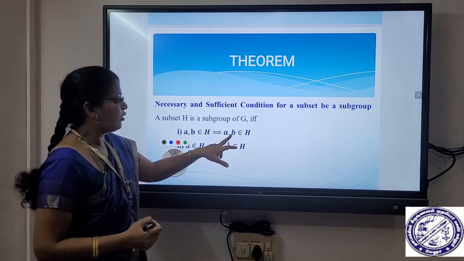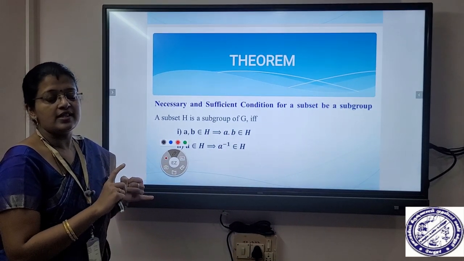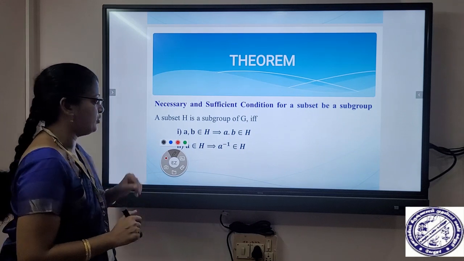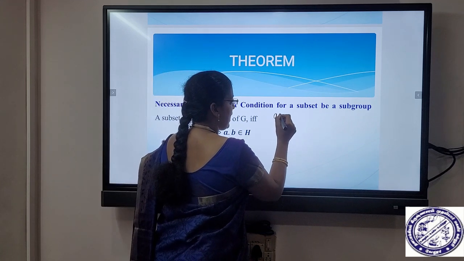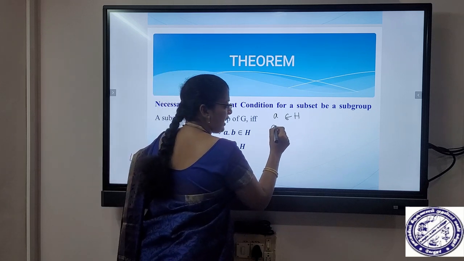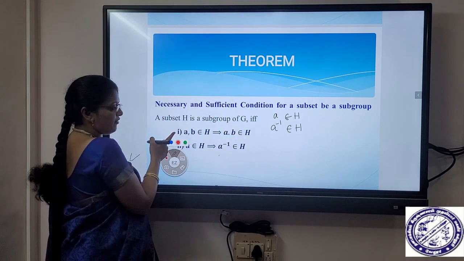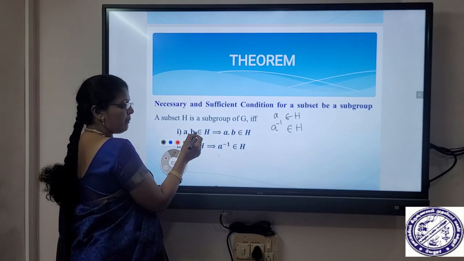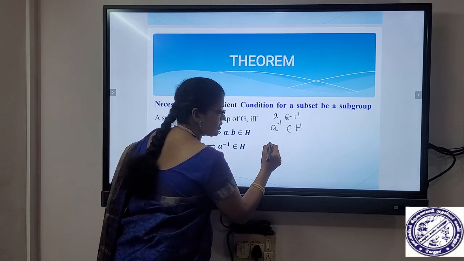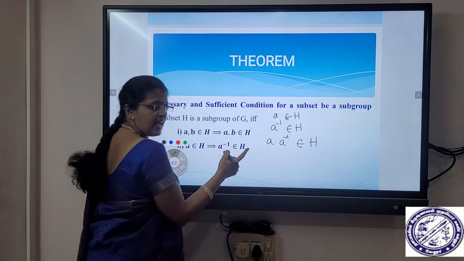So here already the closure property is there and the inverse is there. What is left is we have to prove that the identity element exists and the associative condition holds. These 2 conditions we have to prove. So I am taking an element A belongs to H. By the second condition, the inverse exists, so A inverse also belongs to H. Now I am using the first condition: if A, B belong to H, then the product belongs to H. Now A and A inverse belong to H, so the product definitely belongs to H. What is A times A inverse?